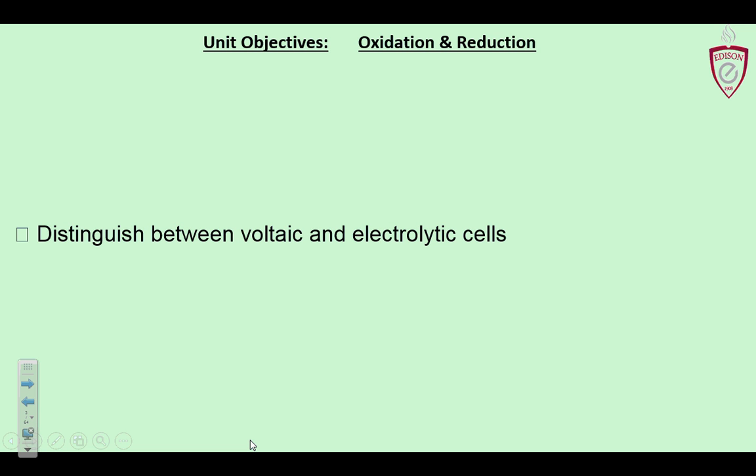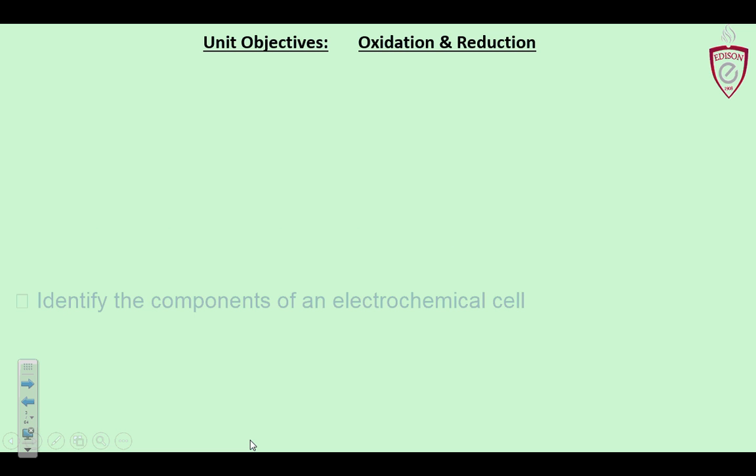So you're going to start to see diagrams of these cells and got to get to know all the parts and how the electrons play and all that stuff. What basically happens is we take chemical energy and convert it into electrical energy. Or we take electrical energy and force a chemical reaction to occur. So that's why there are two different types of cells, voltaic and electrolytic.